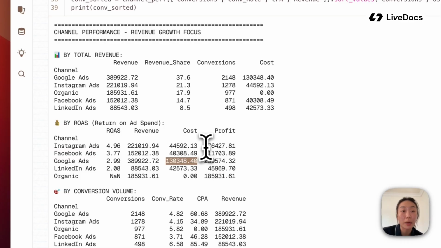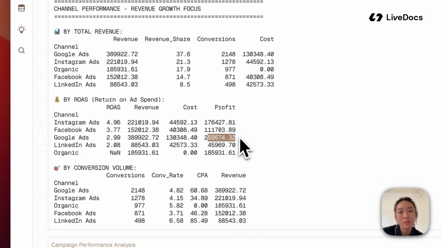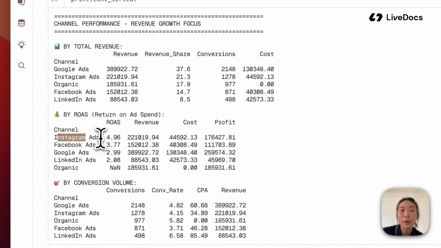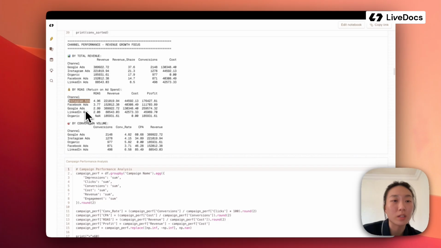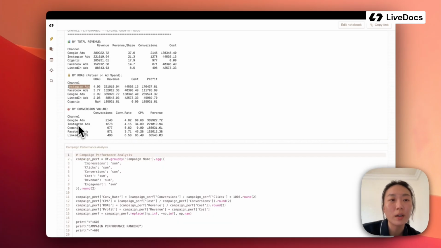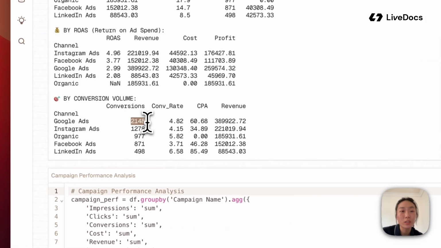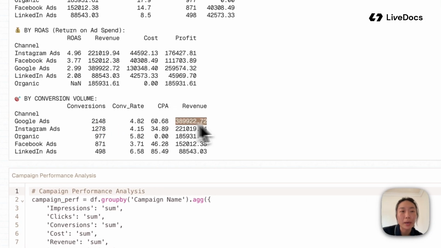The profit generated by Instagram ads is not bad, and Instagram ads has the most cost effective return on ad spend. For conversion volume, Google Ads has the highest conversion, and Instagram Ads is in second place.